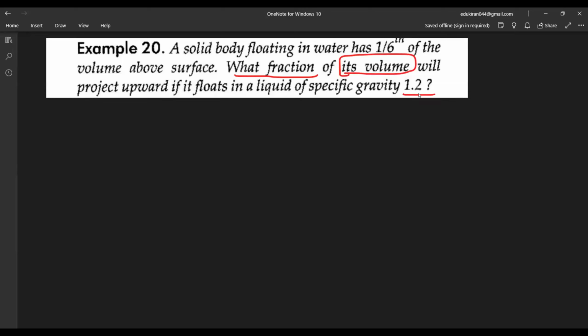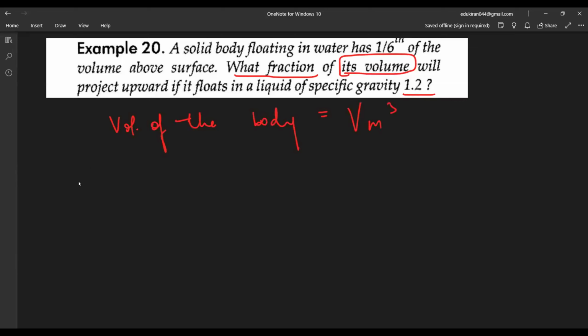So specific gravity is the relative density of the body. We have to find the fraction of volume, so we need the volume of the body. Volume of the body is V meter cube.